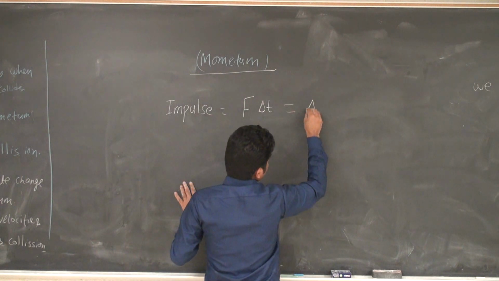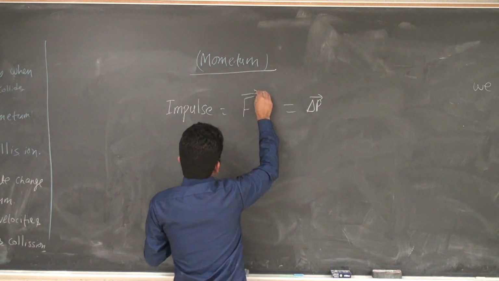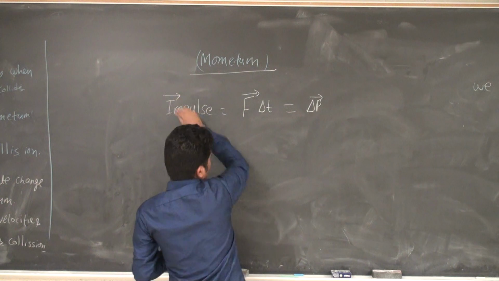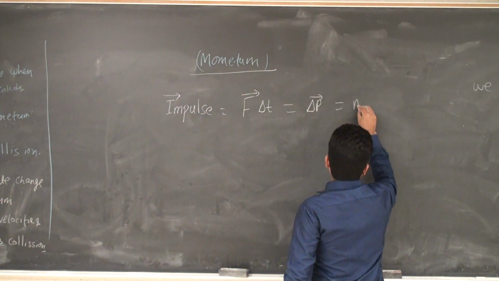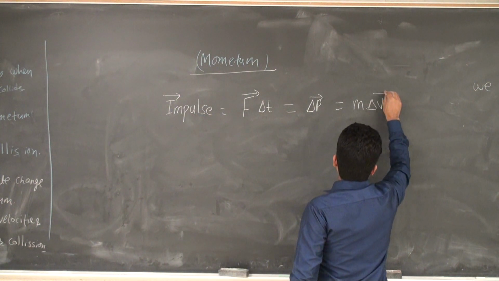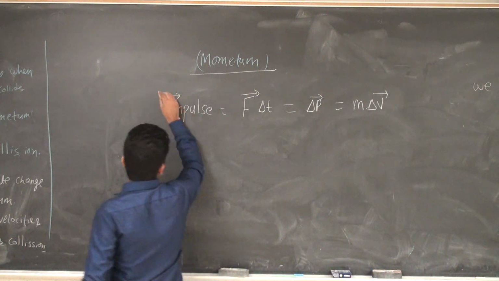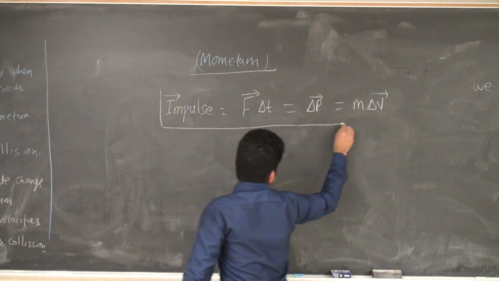It is also equal to the change in momentum. Impulse is a vector quantity, so we can write m del v as well. This is called the impulse-momentum equation.